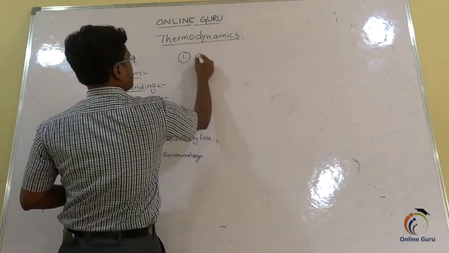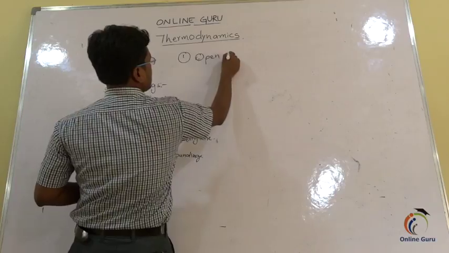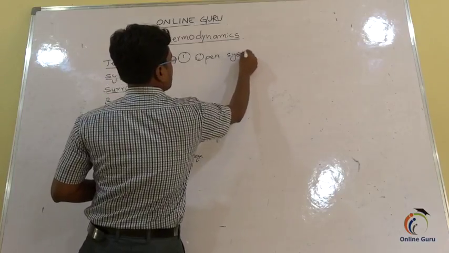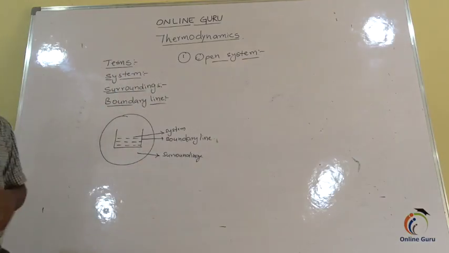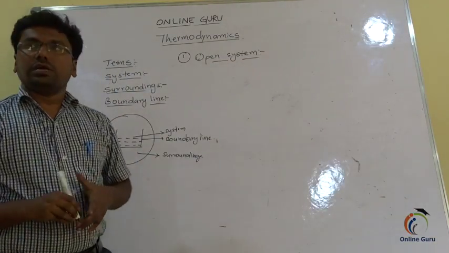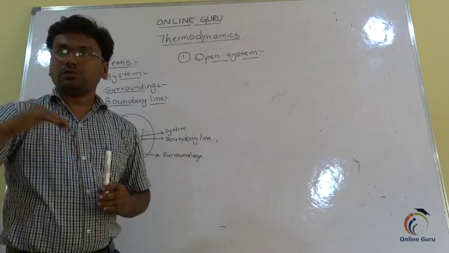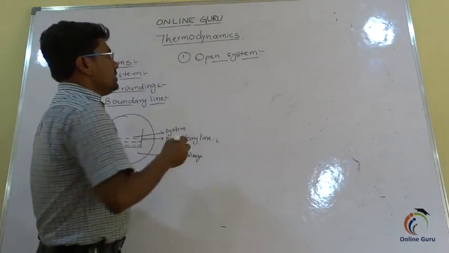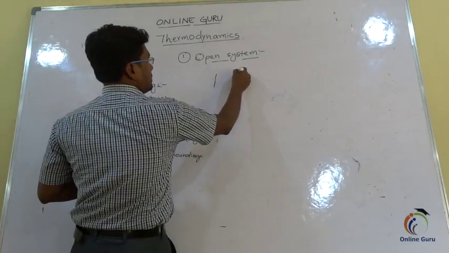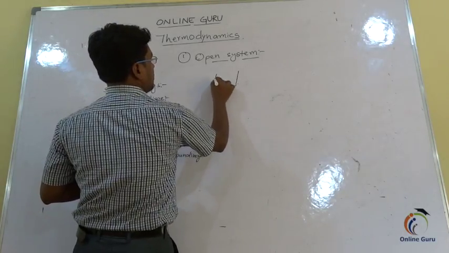open system. A system which can exchange both heat and matter from system to surroundings and surroundings to system is called an open system.